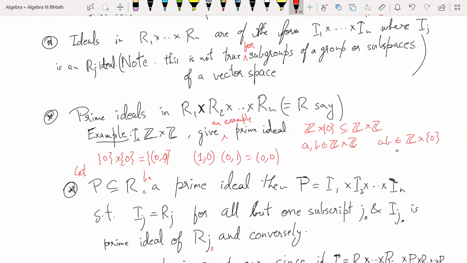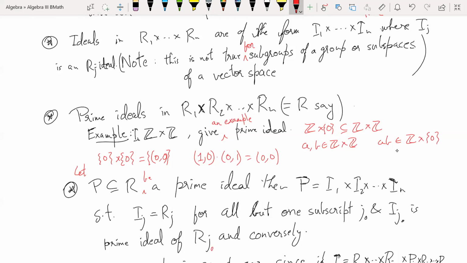The point is, one can of course do an element-wise check, but one could also figure it out by taking quotients. We know that P will be a prime ideal in R if R mod P is an integral domain. In this example, if you go mod the 0 ideal, you get Z cross Z, and Z cross Z is not an integral domain, so there was no chance of it being prime.